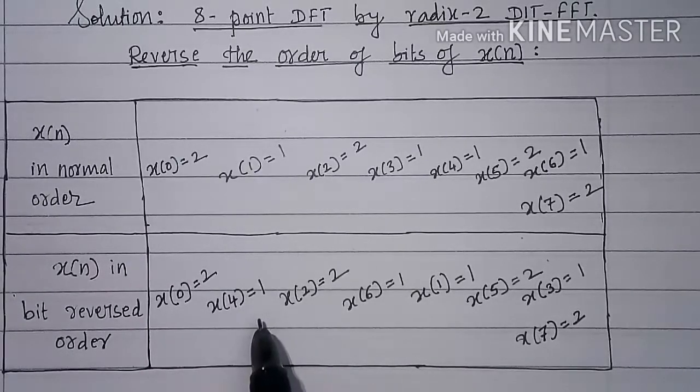Now these x of n samples in bit reversed order I will use to compute 2-point DFTs. Then using 2-point DFTs I will calculate 4-point DFTs, and using 4-point DFTs I will calculate 8-point DFTs.